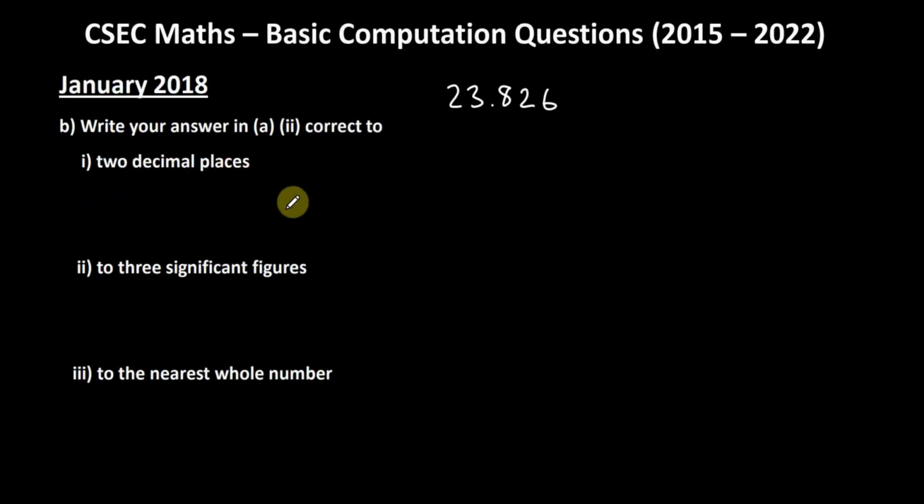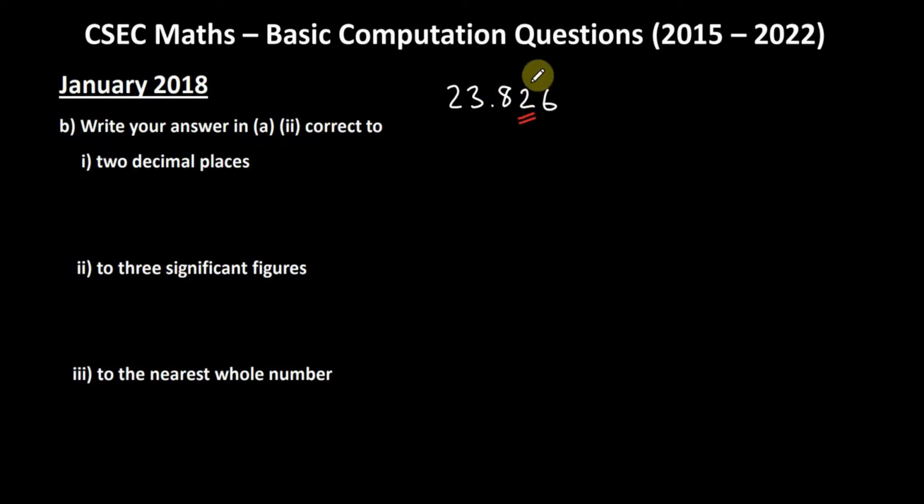Now we're still looking at the question that was given on the January 2018 paper, and it's a continuation from the previous question. They want us to write the answer that we would have gotten, which is this right here, recall 23.826. They want us to write it correct to 2 decimal places, right? 2 decimal places, which means we only want 2 digits to the right of the decimal point, right?